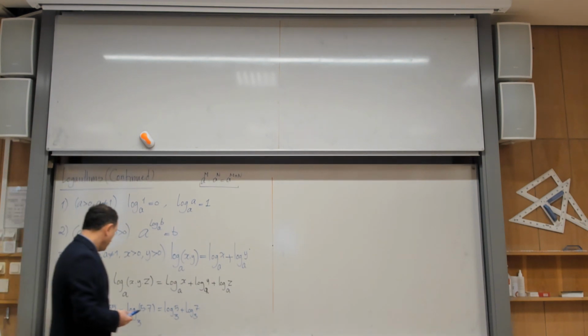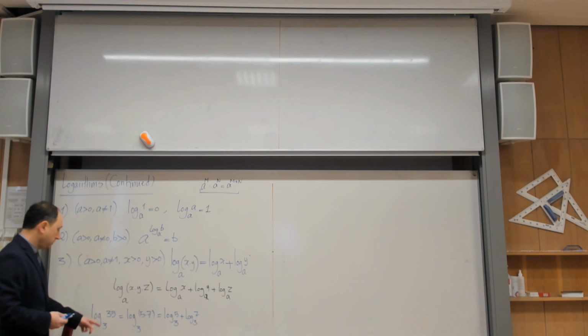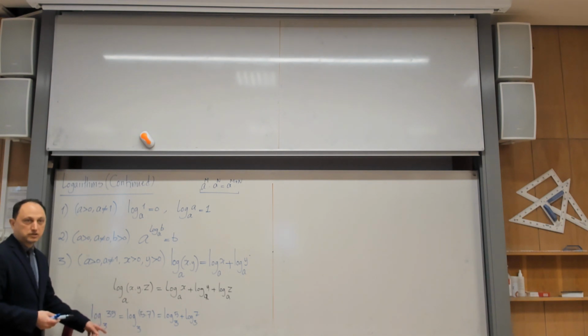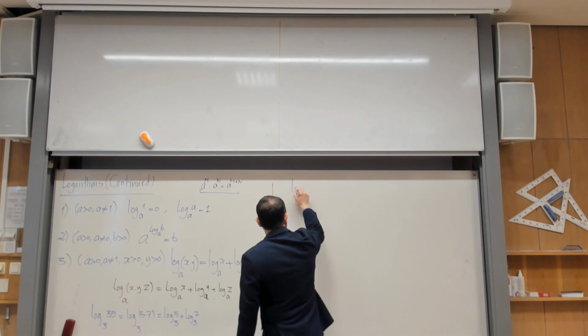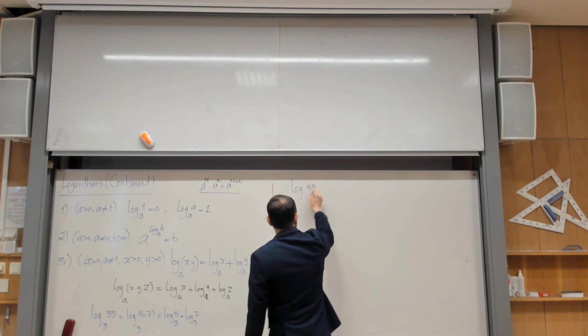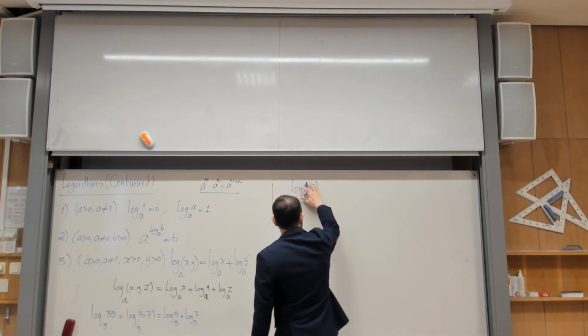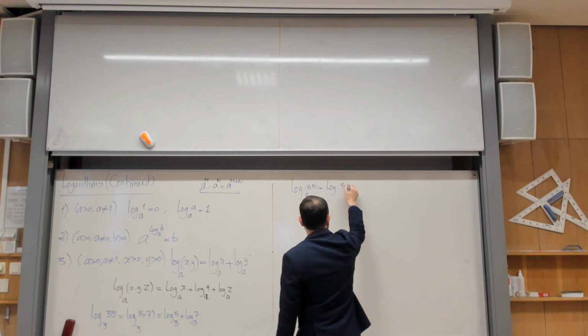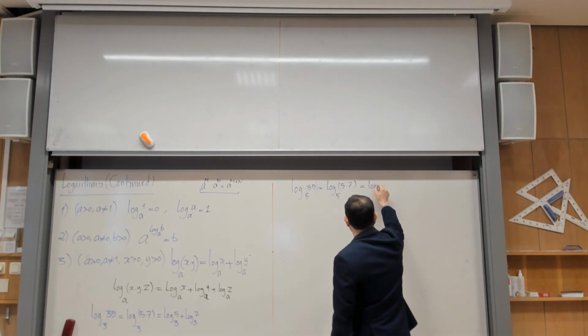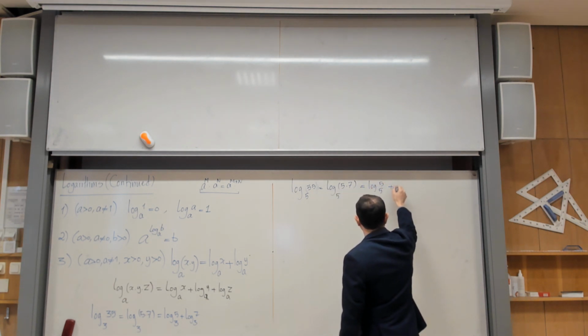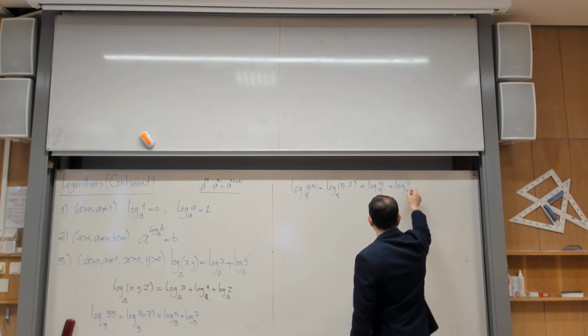For example, assume that instead of base 3, I gave you base 5. So if I gave you log of 35 in base 5, you can write log of 5 times 7 in base 5, and then you can write log of 5 in base 5 plus log of 7 in base 5.